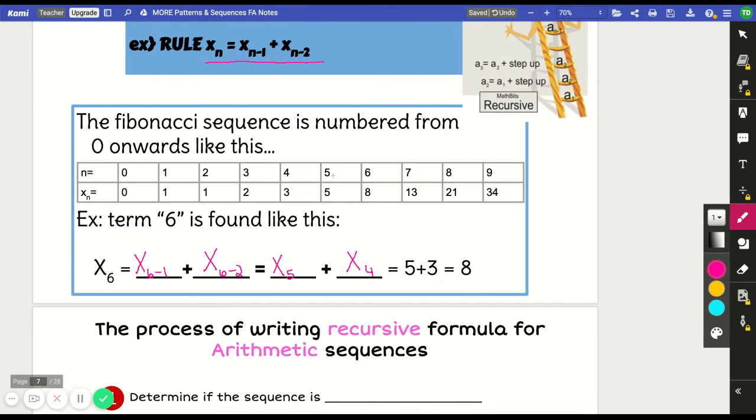So now I go up to my sequence and I say, okay, what is the fifth term in the sequence? That would be 5. And so here's the 5. And what is the fourth term? That would be 3. So here's the 3. So 5 plus 3 is 8. So I look at my sixth term, and it does equal 8.